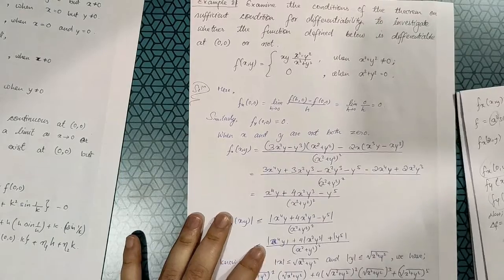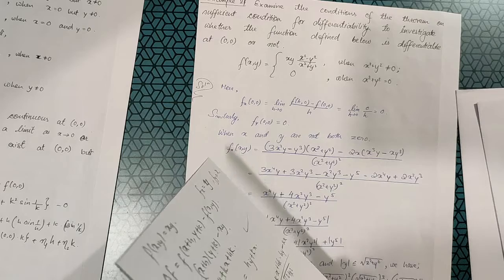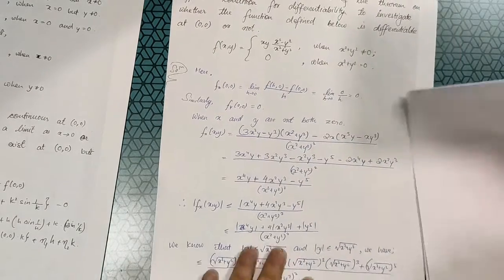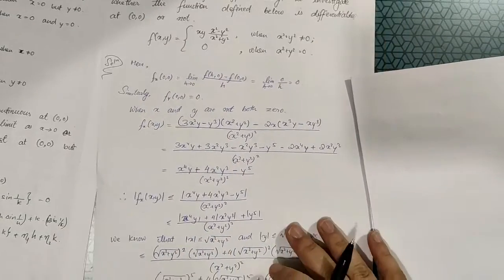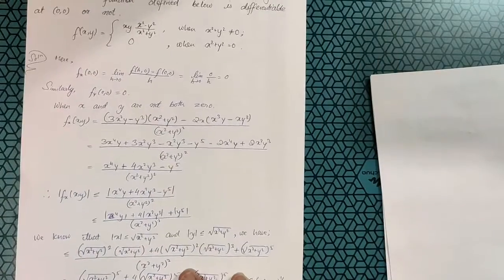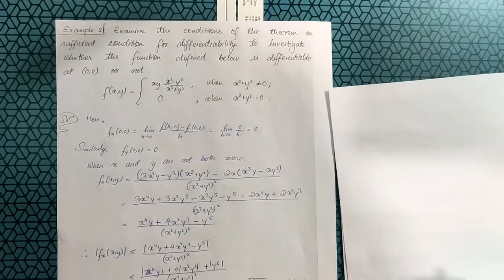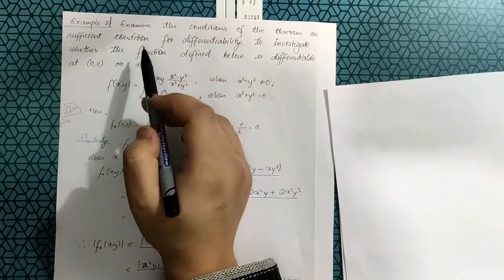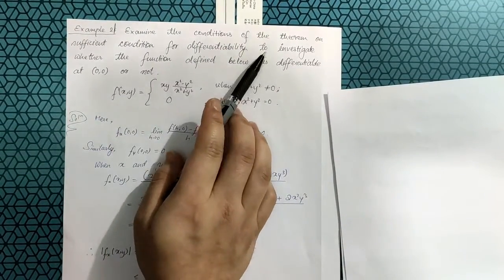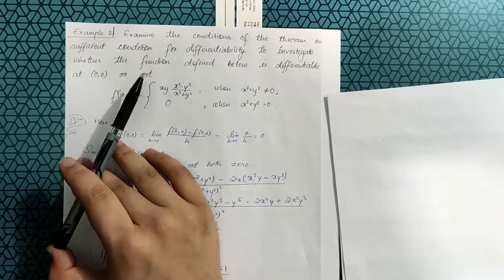We do one more example for differentiability. So here we check for the sufficient condition of differentiability. So the example says, examine the condition of the theorem on the sufficient condition of differentiability to investigate whether the function defined below is differentiable at (0, 0) or not.